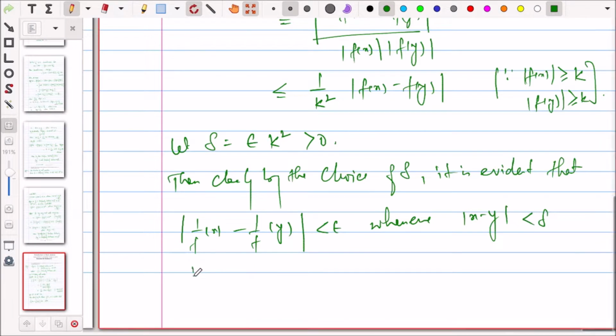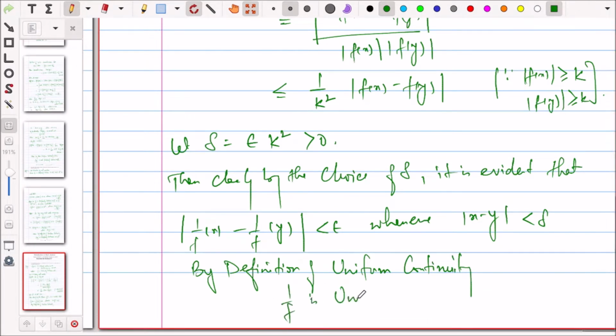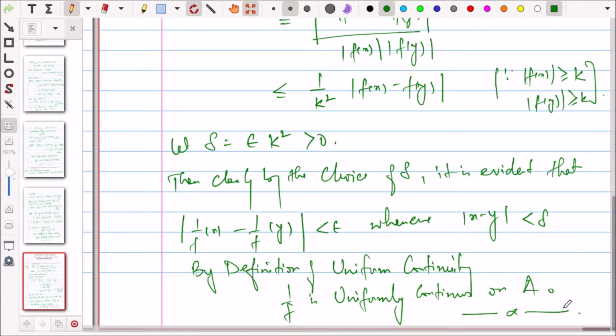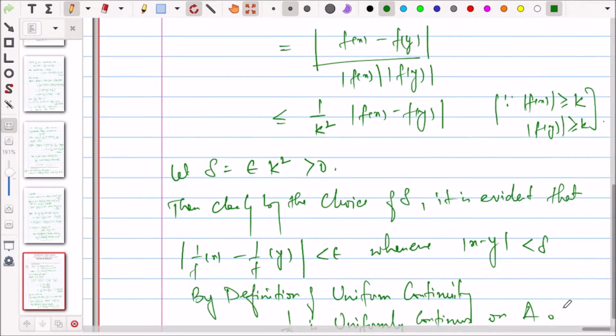So by definition of uniform continuity, 1 by f is uniformly continuous on A. This completes our proof of question number 9.